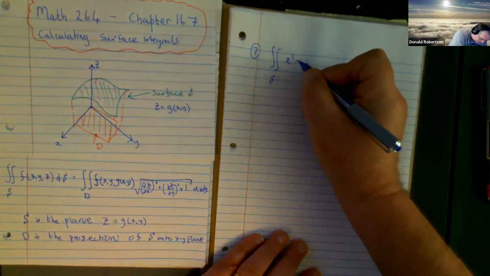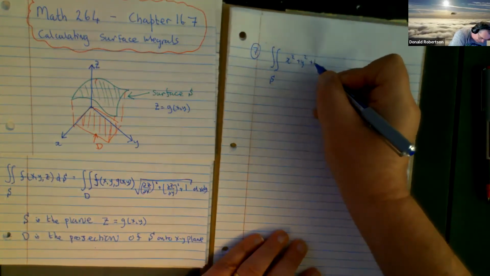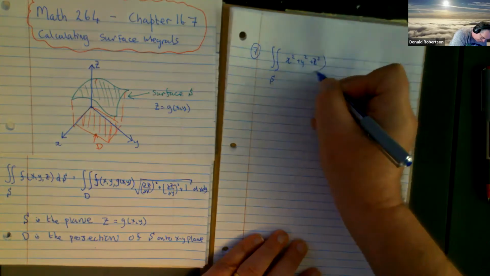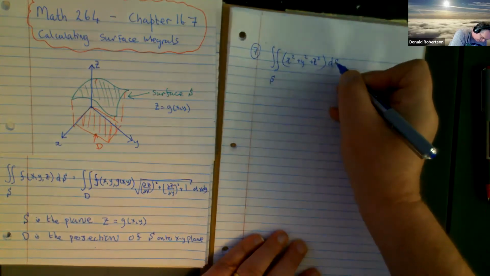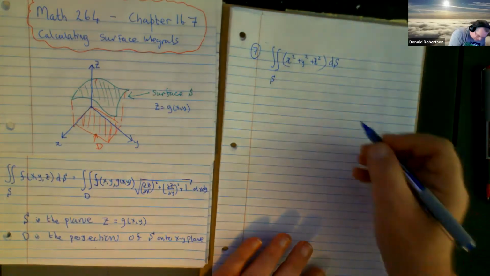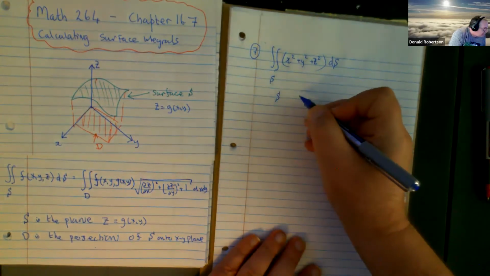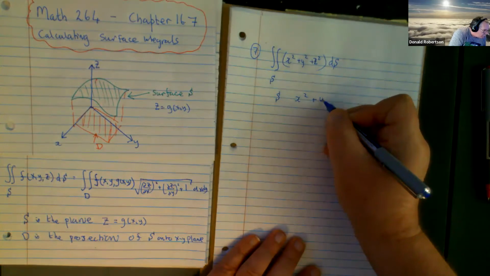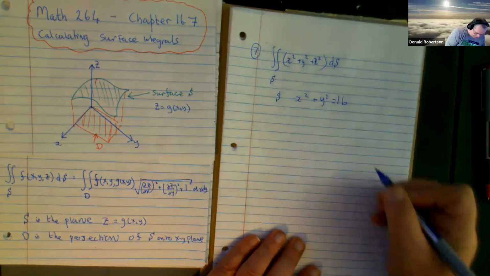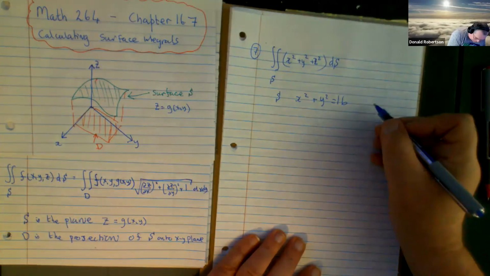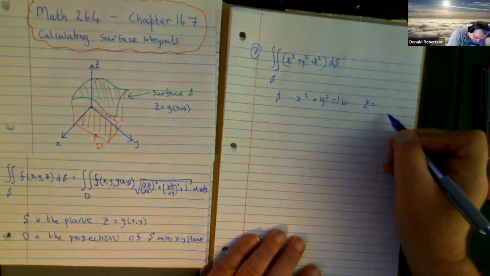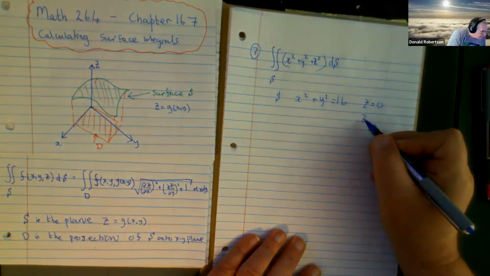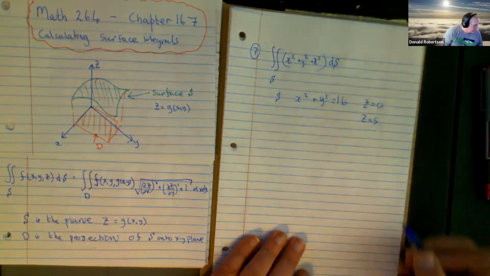So we have x squared plus y squared plus z squared ds. And S is a cylinder, which is x squared plus y squared equals 16, and this cylinder is from z equals 0 to z equals 5.